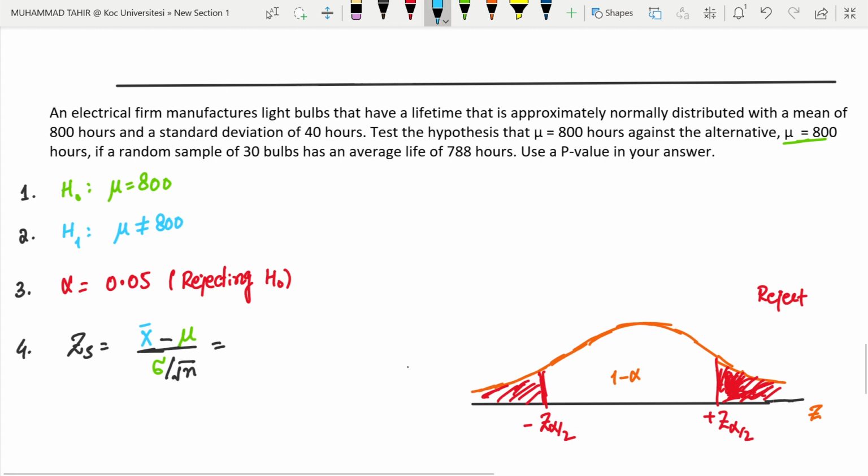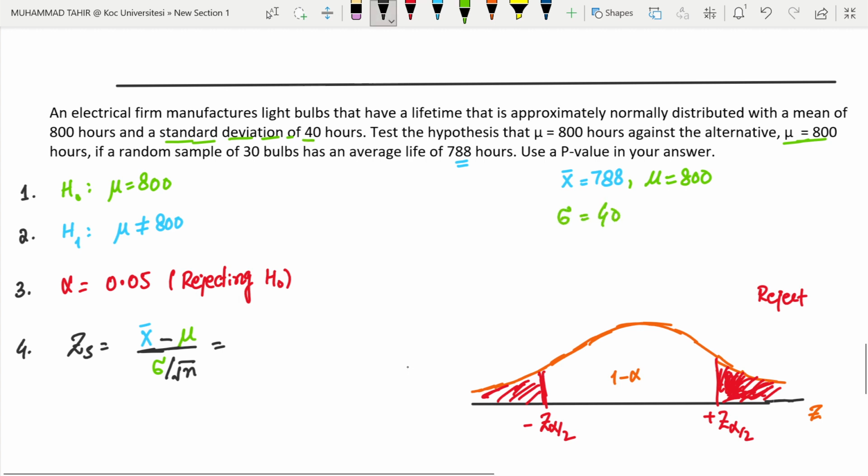So what is x bar? x bar is written here: 788. And what is mu? mu is 800. And where am I given the standard deviation? It is written here, 40. Sigma is 40.